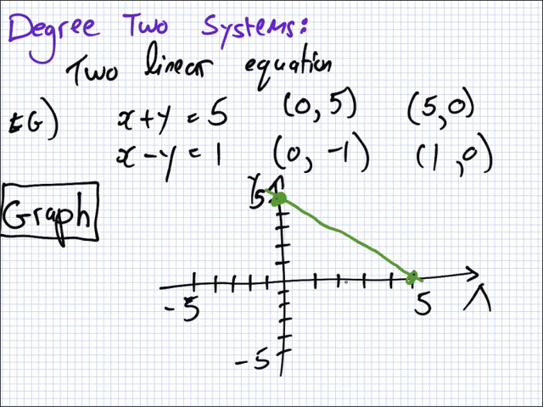Okay. And the second one is 0, minus 1 and 1, 0. And you can see that this point here, that's not perfect, that is 3. Sorry. And that is 2. So the answer is the point 3, 2.